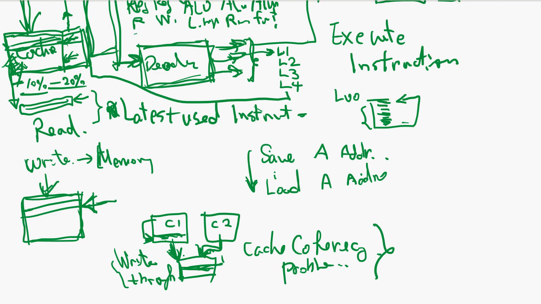But this is going to have a performance implication because every write you bring to the memory. You know, this data you may modify within a cache. Why don't you just modify it first before you bring it to memory, which is costly in terms of the number of clock cycles it consumes?